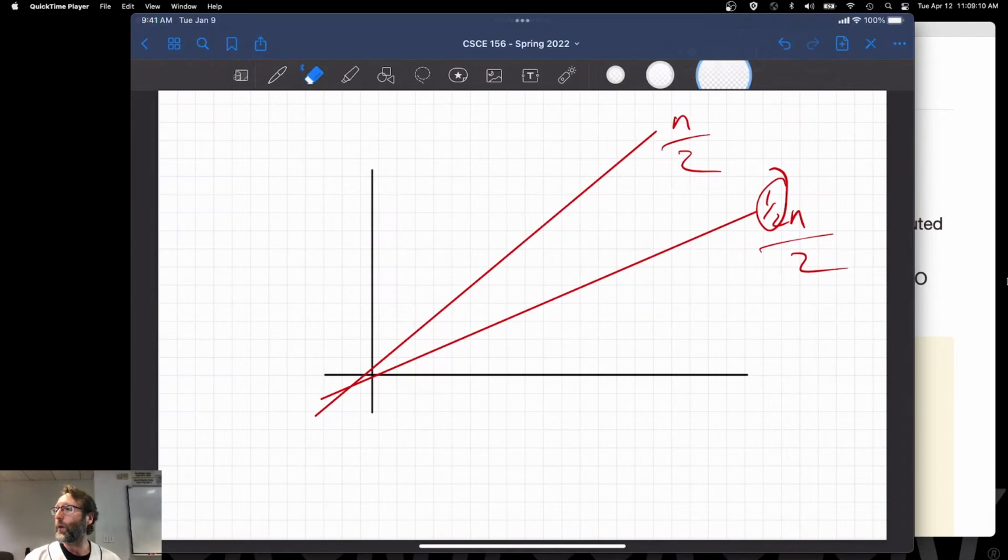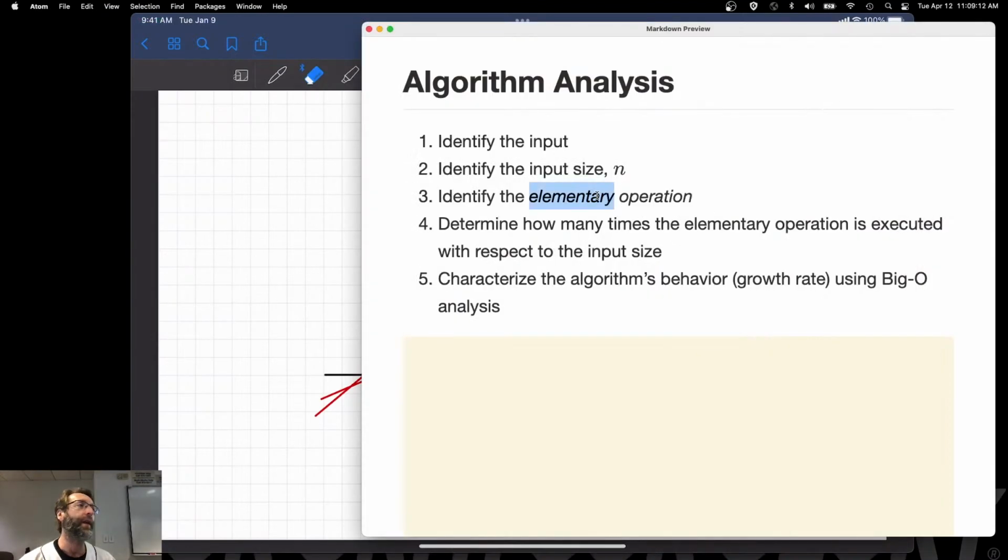Instead, I only want to have to worry about one thing, an elementary operation, right? So keep it simple. There could be multiple good choices. Comparisons are an obvious one. But sorting algorithms, say, will be doing swaps. So maybe with swaps, you want to pay attention to that, right? There's no one answer.